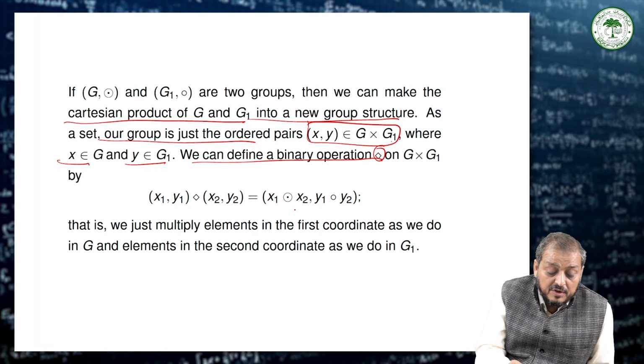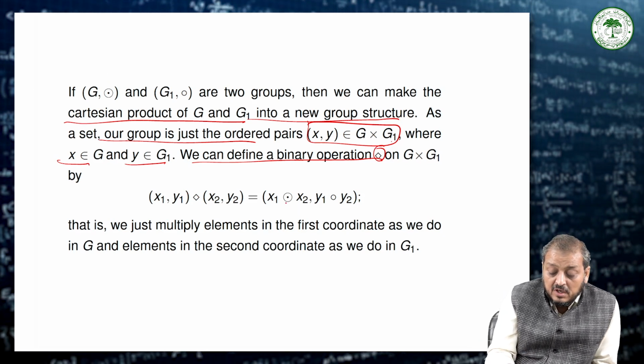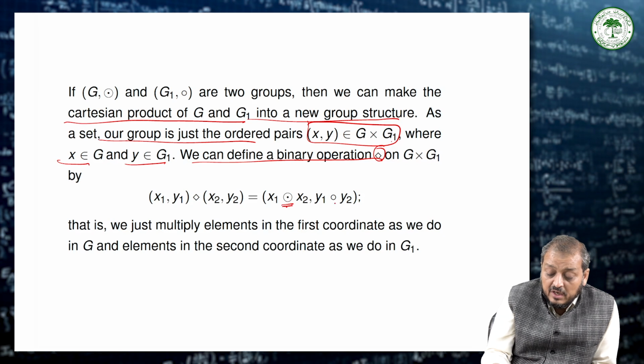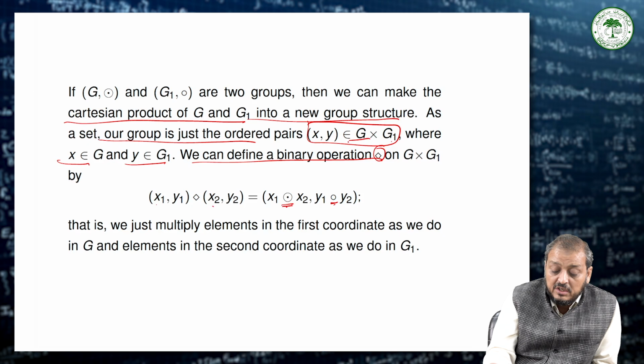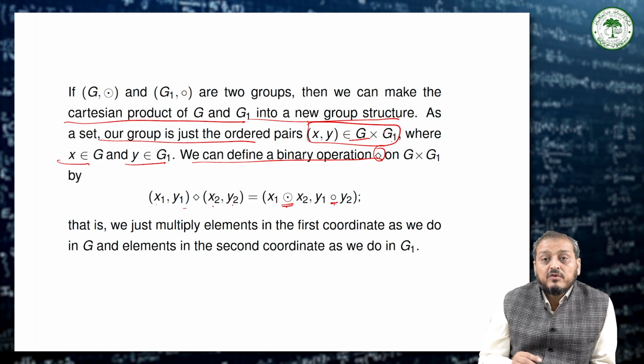Now you see we have two different binary operations, one for G and one for G1. Here x1, x2 are elements of G, and y1, y2 are elements of G1.